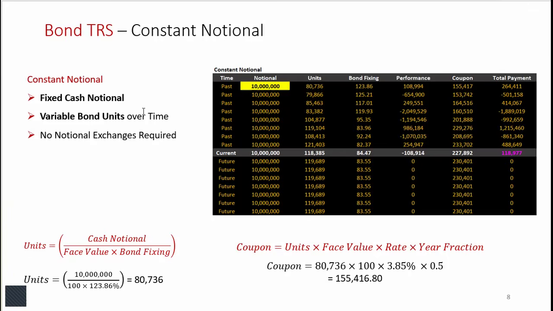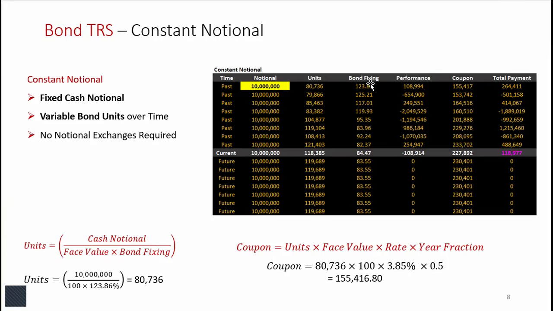The constant notional case is the other case, where we've chosen 10 million. We want a $10 million exposure to this underlying bond, and so you see the notional is constant. There are no notional changes over time because there's no change in the cash value. But what is changing is the number of units.